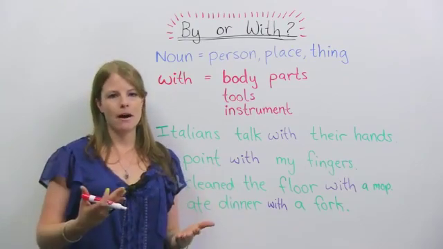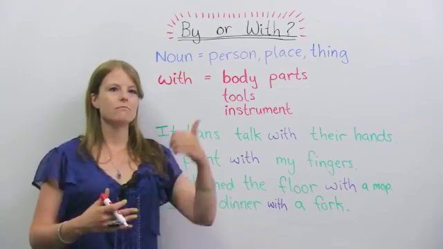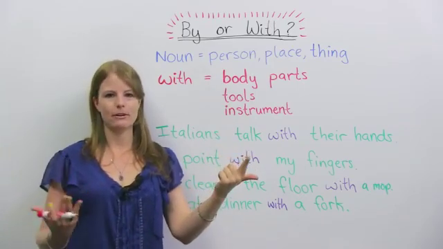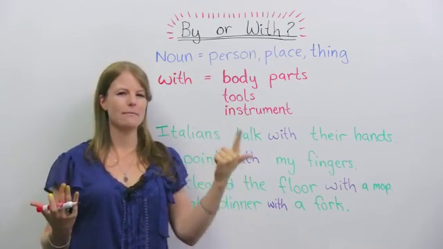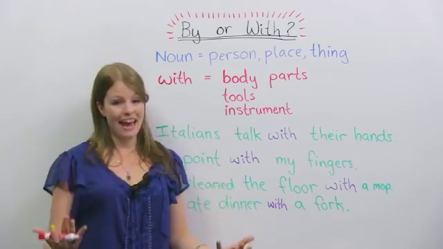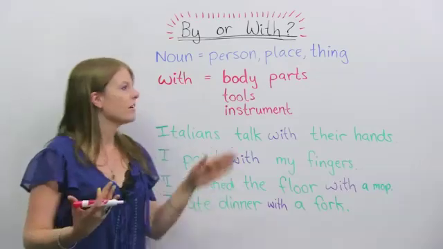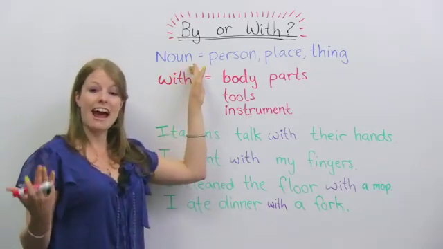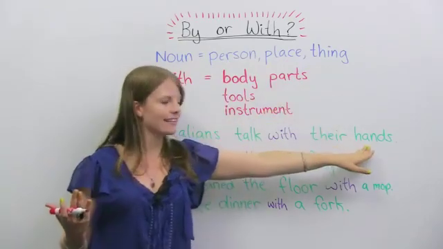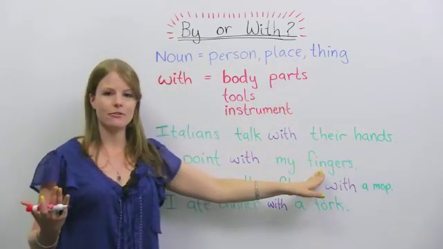So when we were talking about "by," we looked at "by" followed by a verb and followed by nouns. And we talked about how the nouns usually have to do with communication or transportation. With "with," we use it usually with a noun. So again, a noun is a person, place, or thing. Like hands is a noun, fingers is a noun.